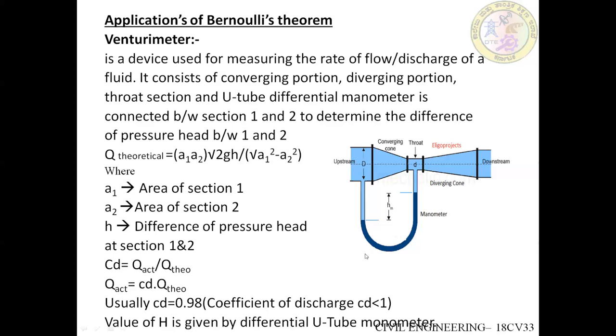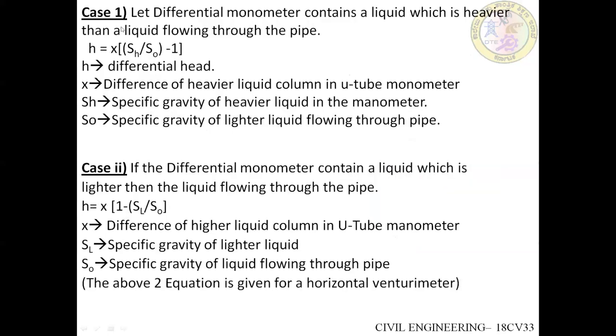Let us see them one by one. In case 1, the differential manometer contains a liquid which is heavier than the liquid flowing through the pipe. In this case, h is calculated as x into (Sh by So minus 1), where x is the difference of the heavier liquid column in the U-tube manometer, that is, the reading we take from the U-tube manometer.